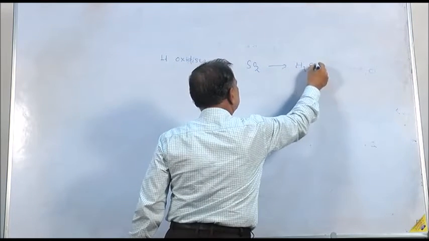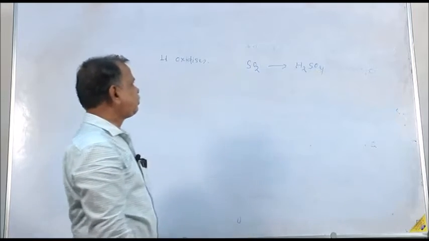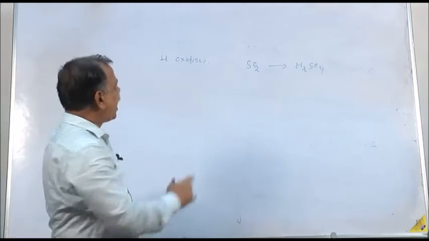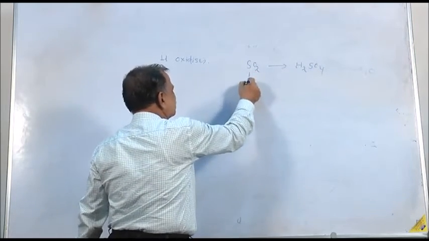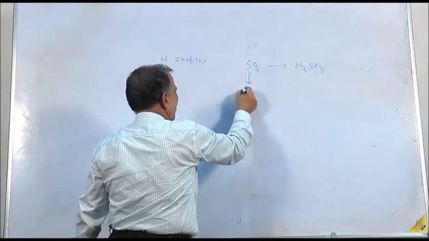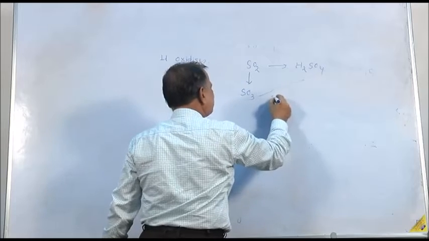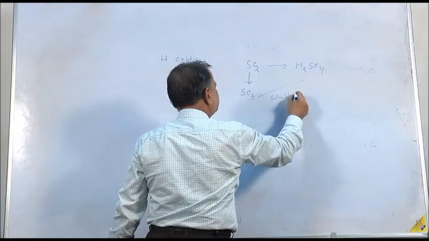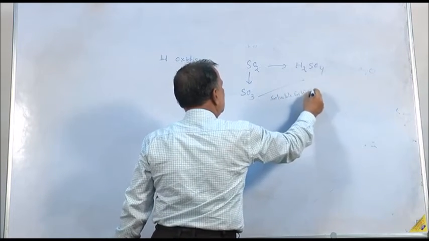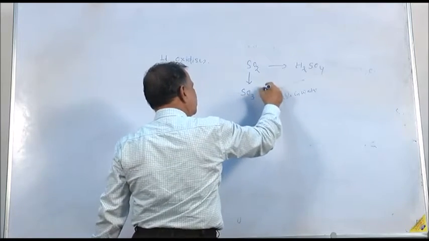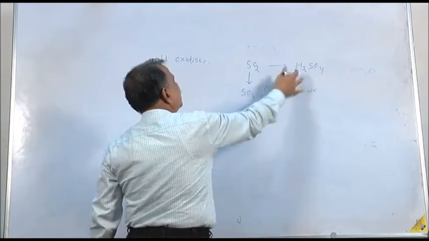First, sulfur dioxide is easily oxidized to sulfur trioxide. Sulfur trioxide is soluble in water, and with H2O it forms H2SO4.